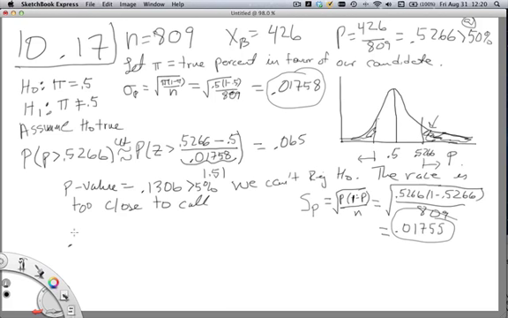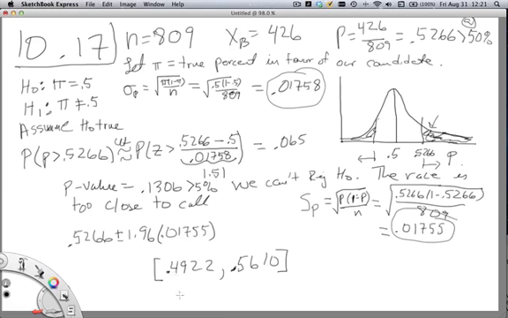So the confidence interval is going to be 0.5266 plus or minus 1.96 times the standard error, 0.01755. And if you expand this, you get the interval 0.4922 through 0.5610. So this gives us a little window where we think the true percentage of people voting for our candidate falls.